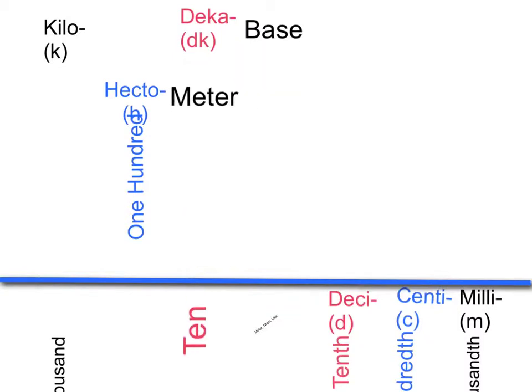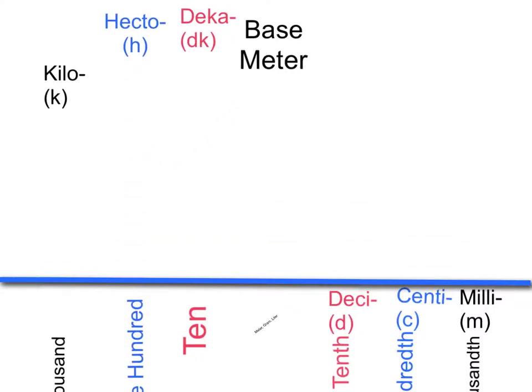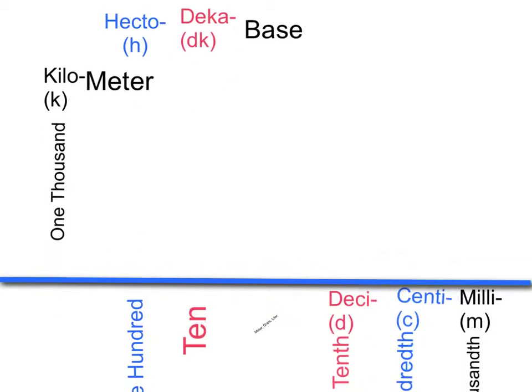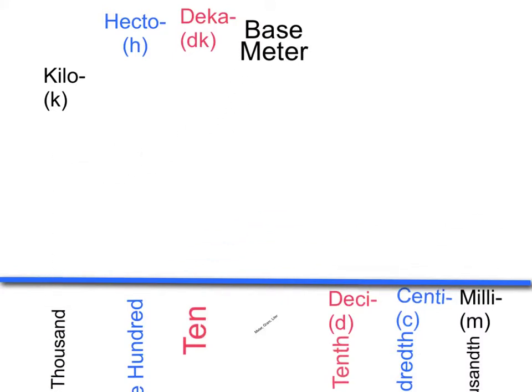So, if I have a hectometer, that means I have 100 meters. And finally, kilo, which means 1,000. If I have a kilometer, or kilometer, as it's more commonly pronounced, I have 1,000 meters. So, those are our bigger prefixes. Let's look at our smaller ones.